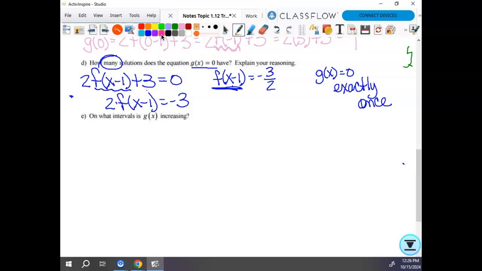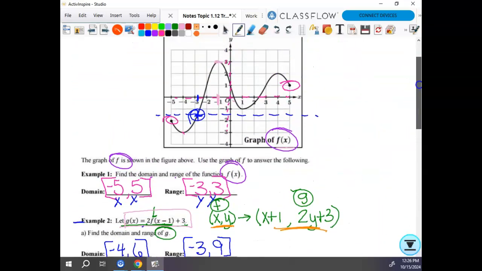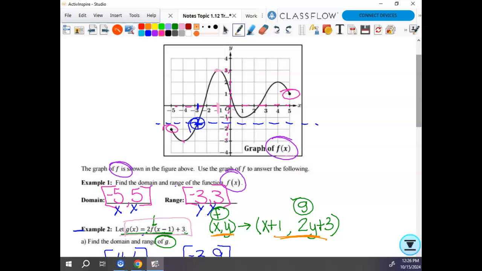All right, so then it asks us when g of x is increasing. Now, I don't have a graph of g of x to look at. I don't want to have to graph the whole thing. But I have f of x, and I can see that f of x increases from here to here and from here to here. Would you agree with that?